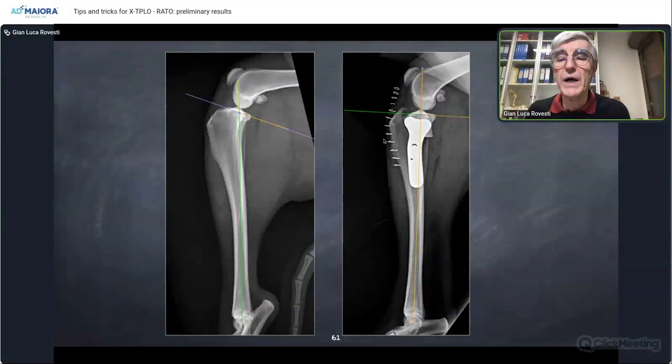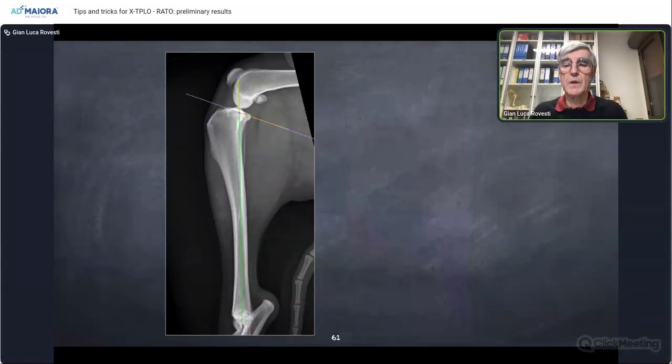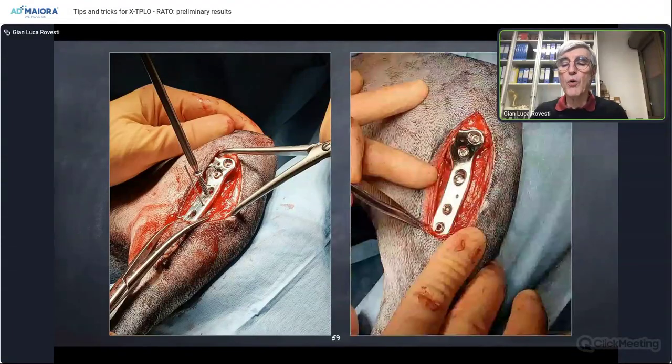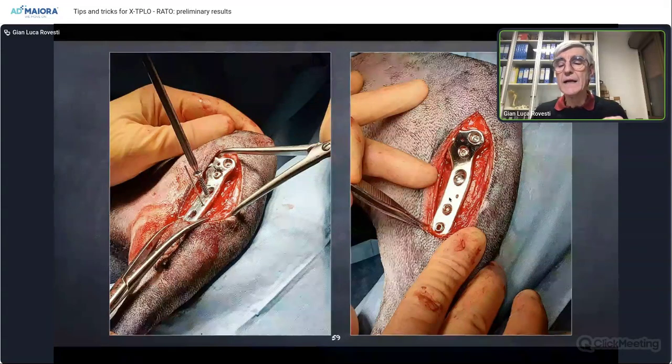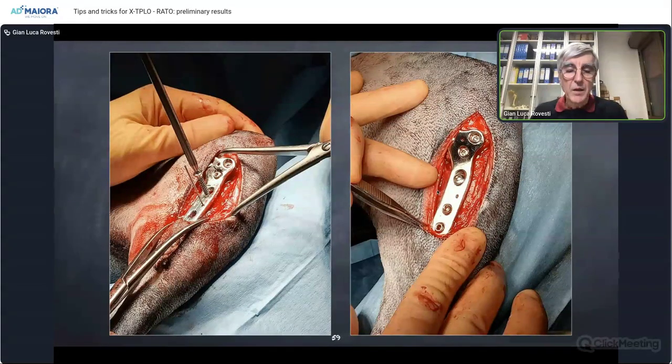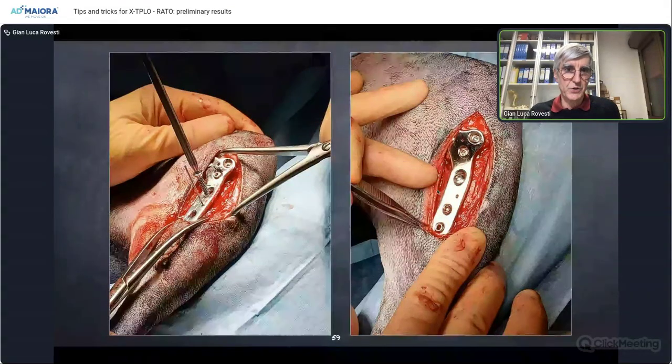And please be aware that none of the distal screws should pass through the caudomedial angle of the tibia. Why? Because the caudomedial corner of the tibia is a very delicate and mandatory anatomical structure in order to avoid any tibial fracture.